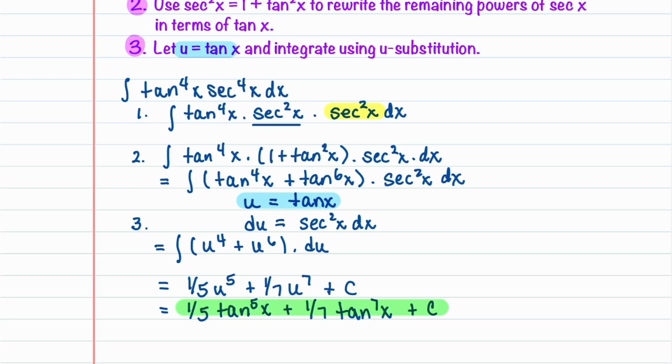And there's our final answer. And that's it. You've now learned how to evaluate trigonometric integrals involving powers and products of tangent and secant. The key is to first look carefully at the integrand and recognize which case you have. The more problems you work, the easier it's going to be to recognize which case you have and how to solve that case.